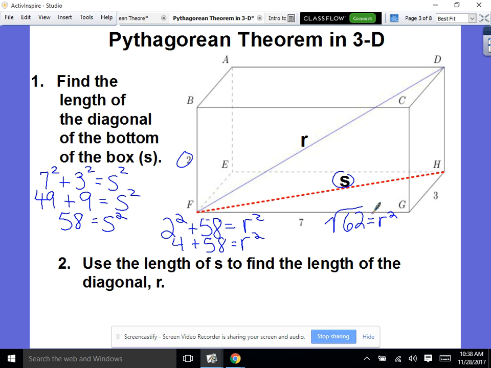Remember, we take the square root. So R equals, and we're going to use a calculator on this, and we'll round it to the nearest hundredth, let's say. The square root of 62 is equal to 7.87.